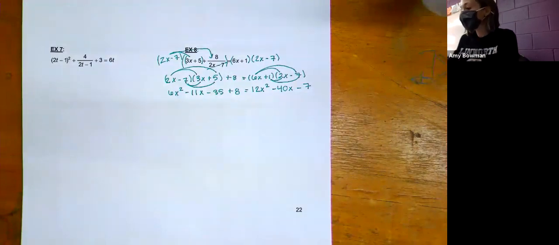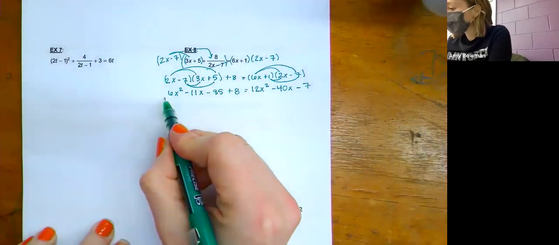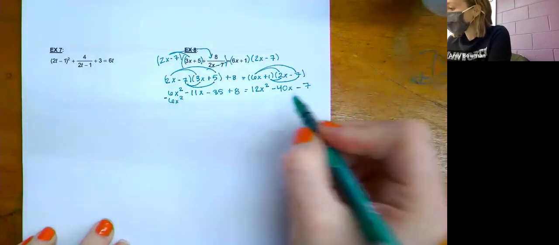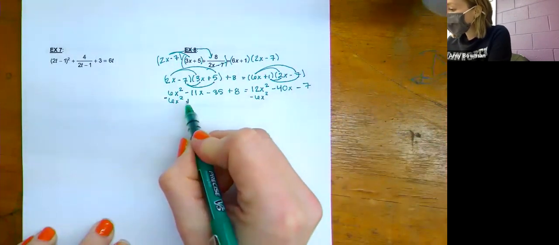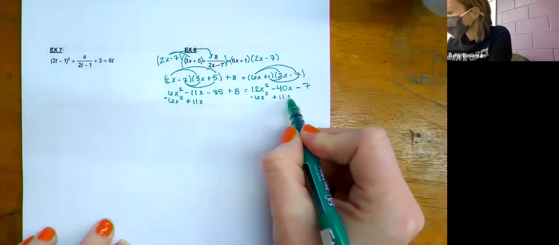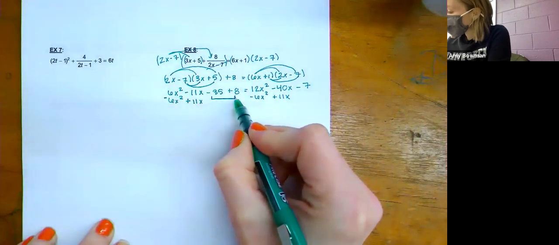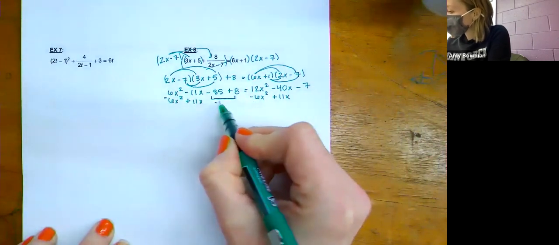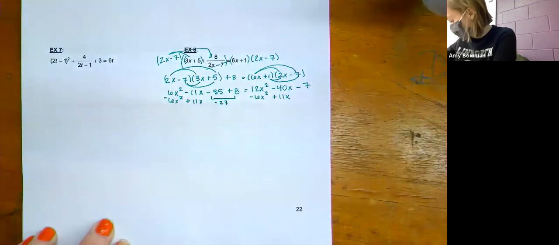I've distributed. Let's get everything on one side. So I've got 6x squared. I'm going to subtract that over. I'm going to add the 11x over. And then this right here, negative 35 plus 8 is negative 27. So I'm going to add 27 over.